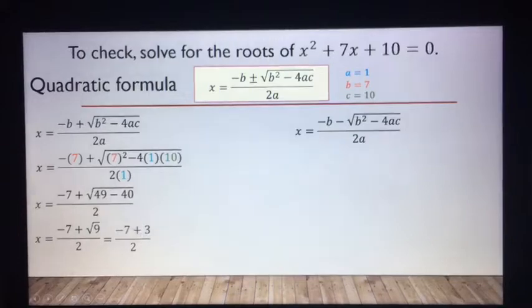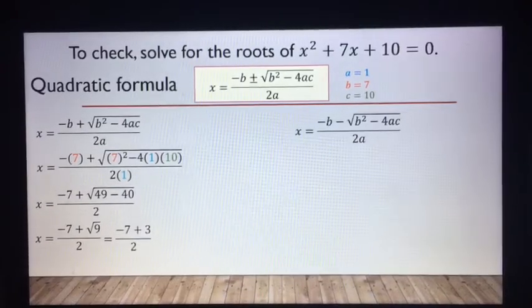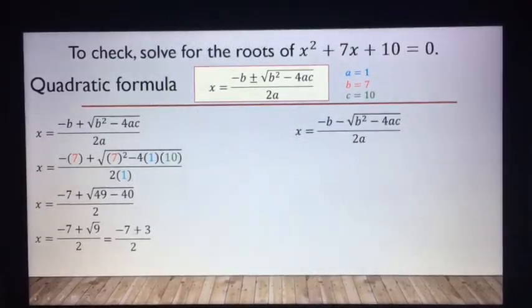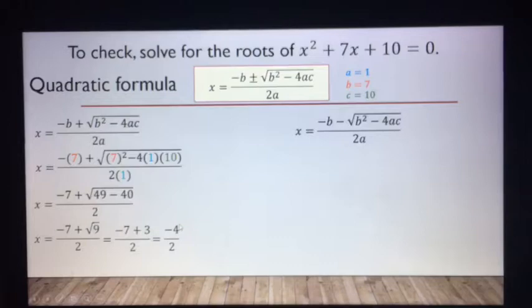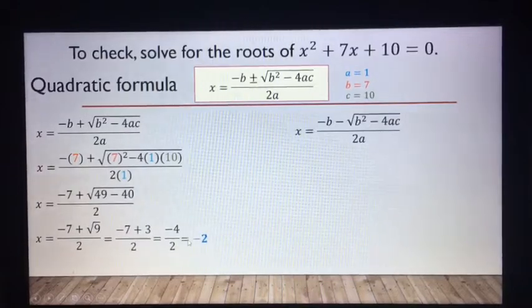So, negative 7 plus 3, adding integers with unlike signs, get the difference and copy the sign of the higher value. So, 7 minus 3 is 4 and copy the sign of the higher value. So, negative 4 over 2. Negative 4 over 2, that is equal to negative 2.